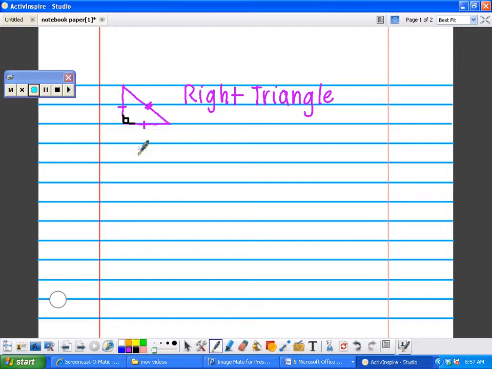Look at yours and see, do you think it has 2 equal sides, 3 equal sides, or 0 equal sides? And put its other name in parentheses. I'm going to call mine an isosceles. So I have a right triangle because of my right angle, isosceles because I have 2 equal lengths, so it has 2 possible names.